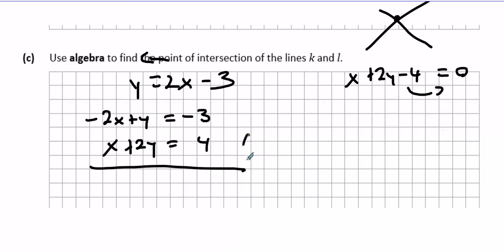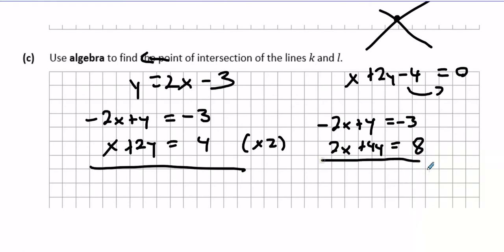Multiply the bottom equation by 2, and the top equation stays the same, but the bottom equation is 2x plus 4y equals 8, I believe. Yep. Then we get 5y equals 8 minus 3, which is 5, and y equals 1.